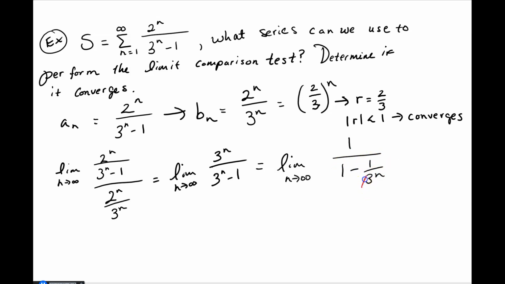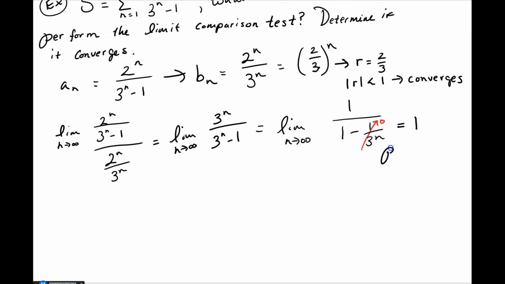This little term down here goes to 0. And we're left with, again, 1, which is both positive and finite. All right, therefore, what can we say? S must converge. S converges.